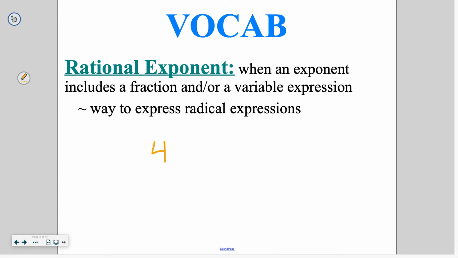The reason we say that this is a way to express radical expressions is that we can write the square root of 4 as 4 to the 1/2 power. So that's how these are related.